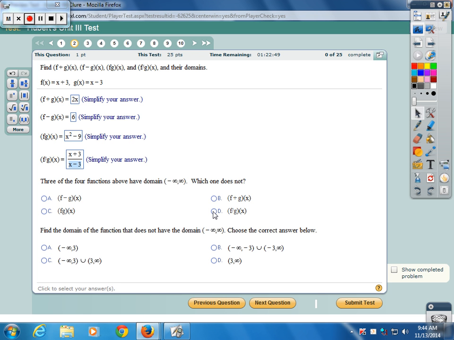And the only one that's affected is that one. Find the domain of the function that does not have the domain, and that would be negative infinity to 3 and then 3 to infinity, because you can't use 3. And next question.